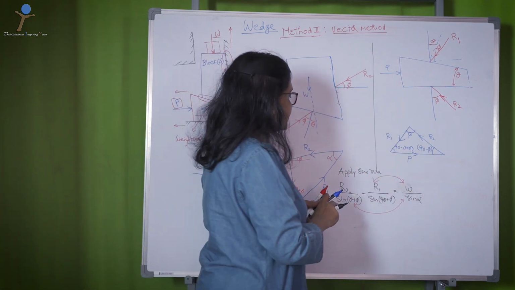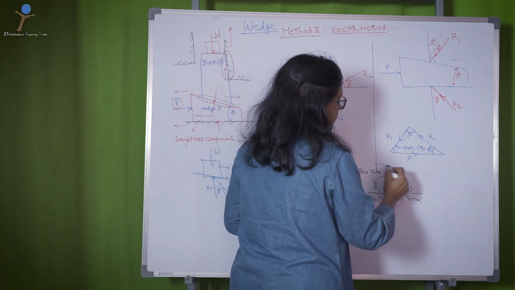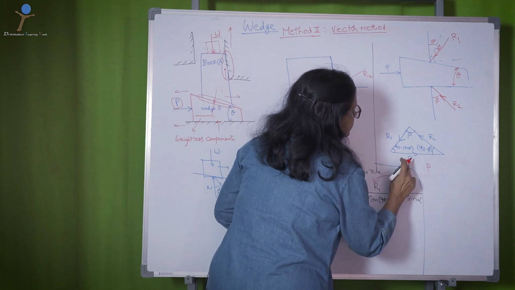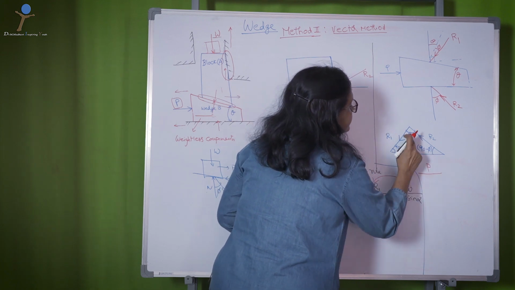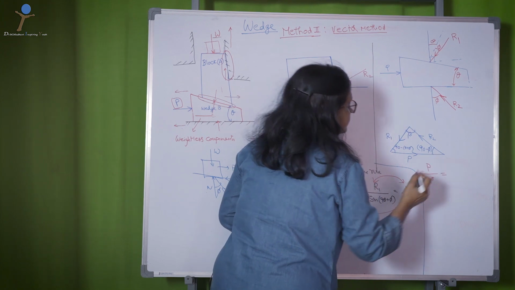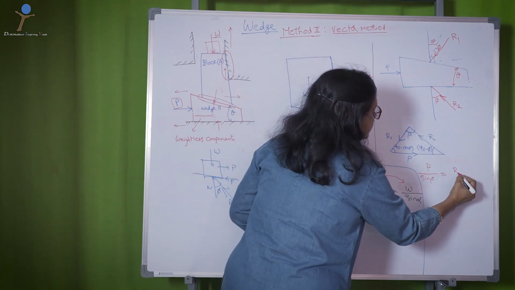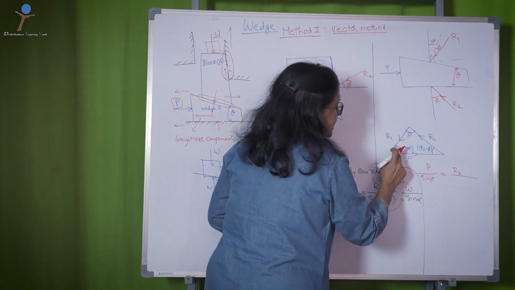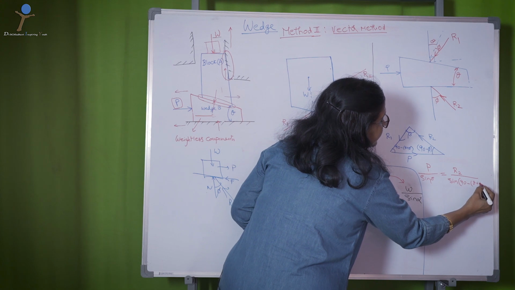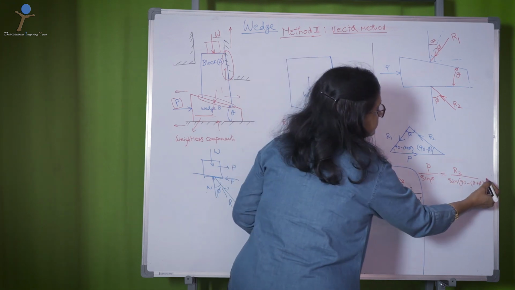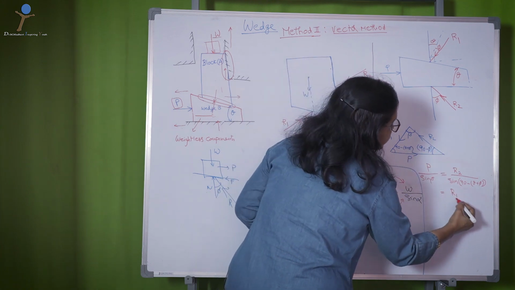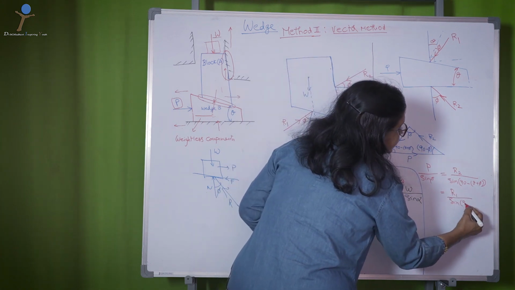Now, apply the sine rule to this problem. The sine rule goes like this: P divided by sine beta equal to R2 divided by sine of 90 minus theta plus phi, that is equal to R1 divided by sine of 90 minus phi.